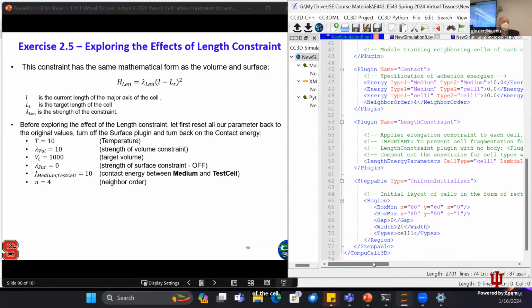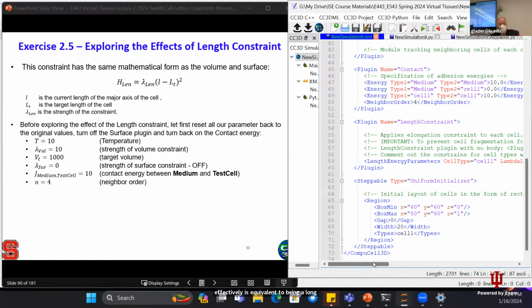Now, for technical reasons, if you make the aspect ratio of a cell too long, what the length constraint is actually doing is constraining the moment of inertia of the cell. And the problem is that if I make the length constraint very large, the cell will split into two and then move the two blobs farther apart from each other, because that effectively is equivalent to being a long strut.